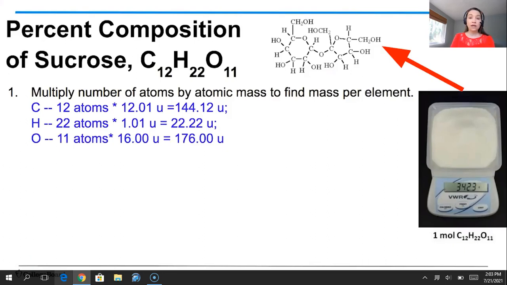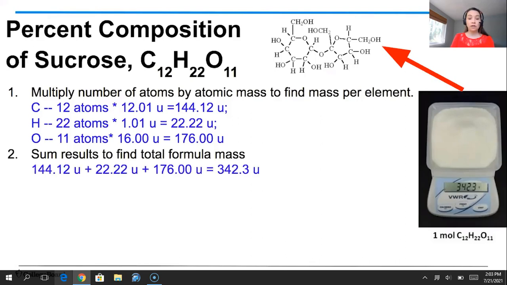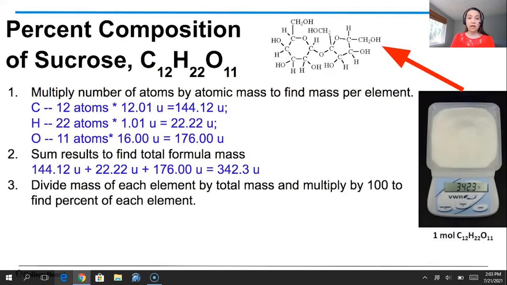Once I do that, the next step is to add up those numbers to find the total formula mass for 1 molecule of sucrose. That's 342.3 atomic mass units. And then I can find the percent of each element by dividing the mass of that element by the total formula mass and multiplying by 100.